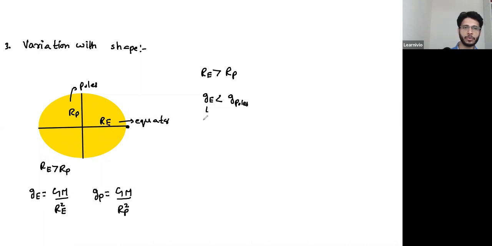This is value at pole and this is value at equator. With height and depth, the value of acceleration due to gravity also changes with the shape. It has different values on equator as well as pole. So this effect is due to the shape of the Earth.